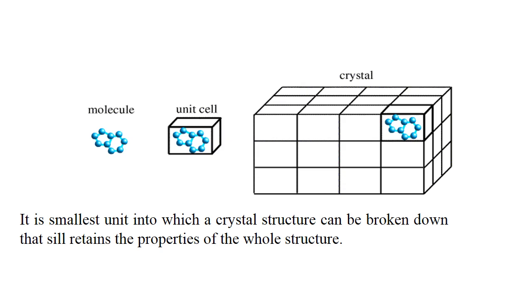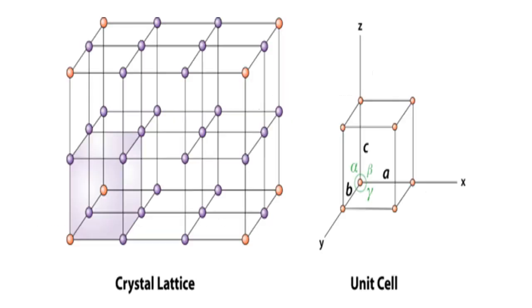The crystal system describes the shape of the unit cell. Let's look. On the right side is the unit cell, and it contains different crystallographic axes, three: A, B, C, and three angles, alpha, beta, gamma.